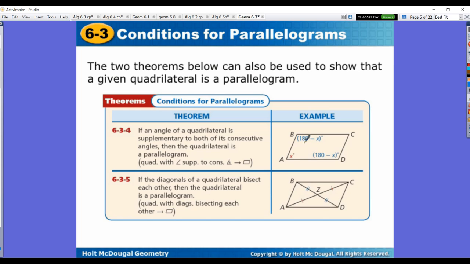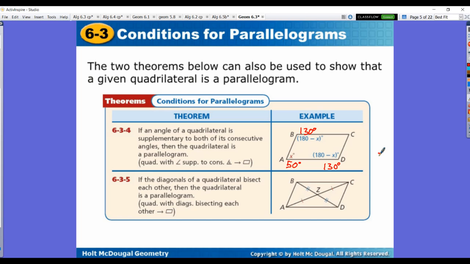So to put this into perspective, let's give us a number for x. Let's say x was 50 degrees. Then if that's angle A, angle B is 180 minus 50, so that would be 130, and angle D would be 180 minus 50, so that would also be 130.